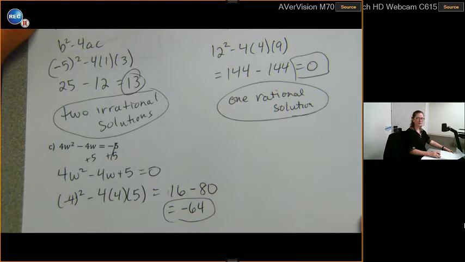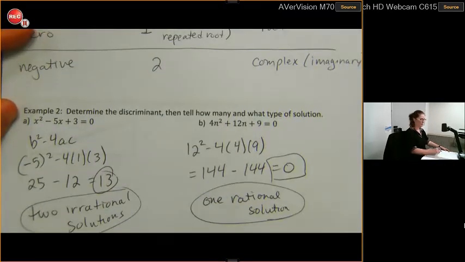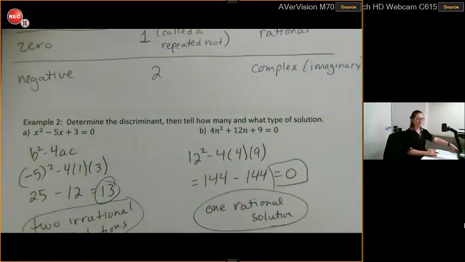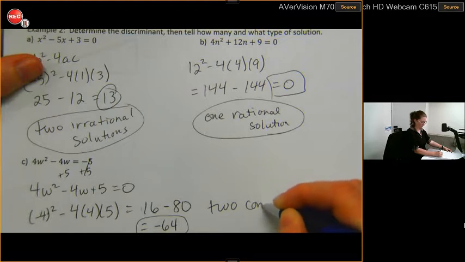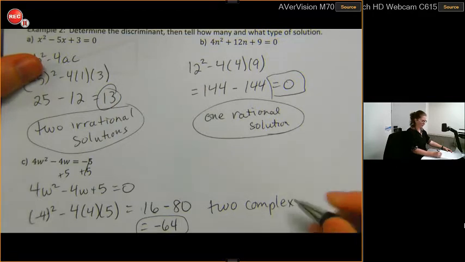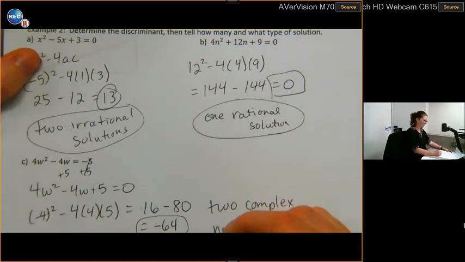So the value of the discriminant is negative 64. When it's negative, we have two complex solutions. And we're also going to state that they are non-real.